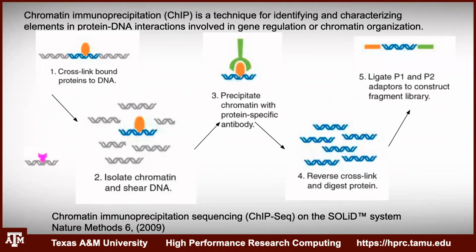ChIP-seq, so chromatin immunoprecipitation. Has anybody done this or doing this? Right. So this is a really cool technique. Essentially, you're looking at protein-DNA interactions. I've only gotten to do a handful of these, but they're really interesting when I get to do them. What you do is you cross-link, binding the proteins to the DNA, and then you isolate the chromatin and shear it and fragment it.